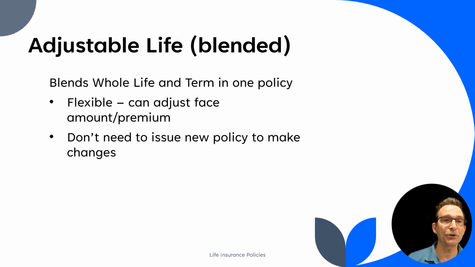We learned in that other training, one of the benefits of term insurance is that you can get a higher face amount, a higher death benefit for less money, for less premium. So, somebody may want that higher death benefit, but also want that security of whole life insurance. So, a blended product can work to accommodate both of those interests.